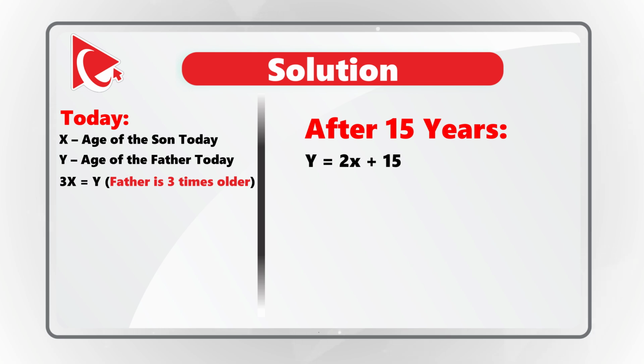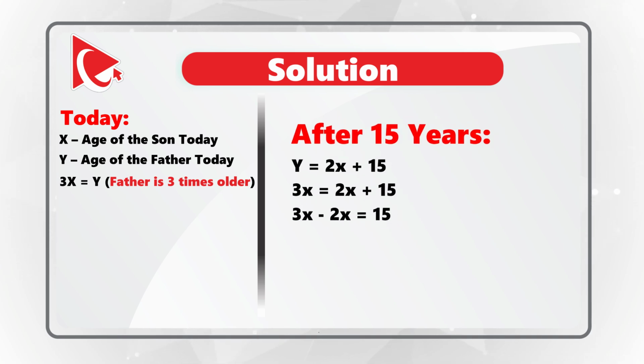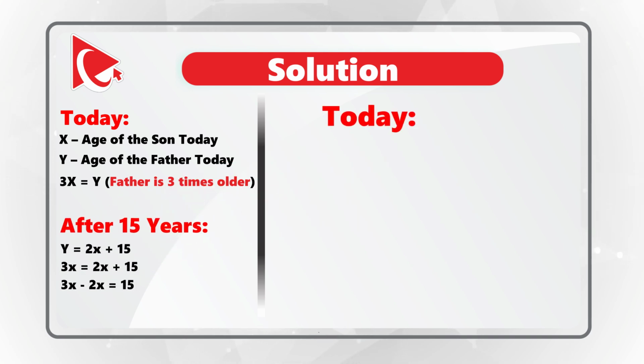Because in both cases y is the same, we can build a new expression 3x equals 2x plus 15. Once we simplify, 3x minus 2x will equal 15. And after completing the calculations, x will be equal 15 and y will be equal 45.